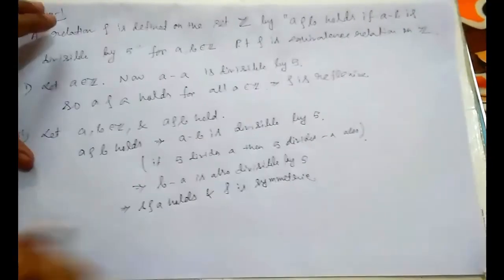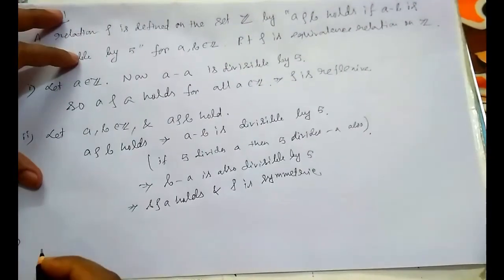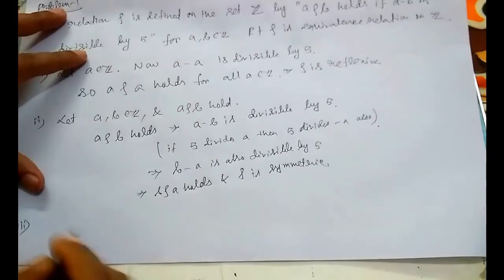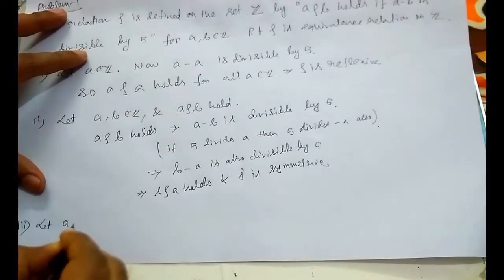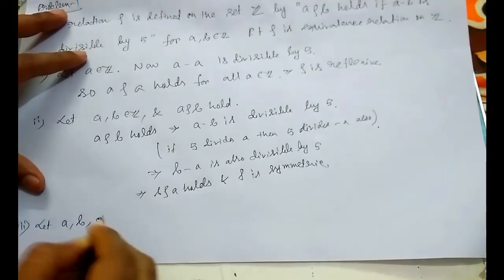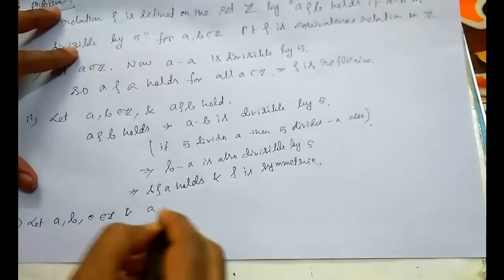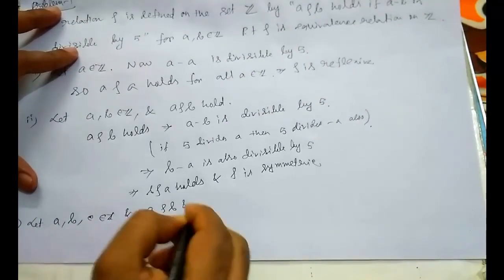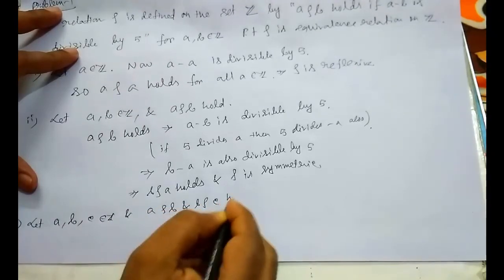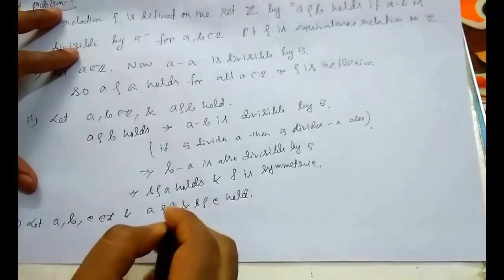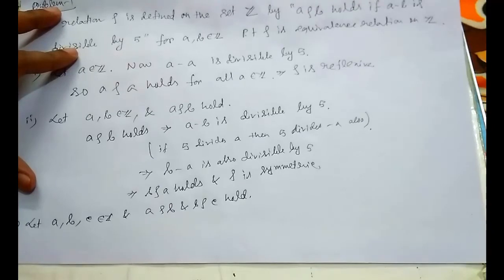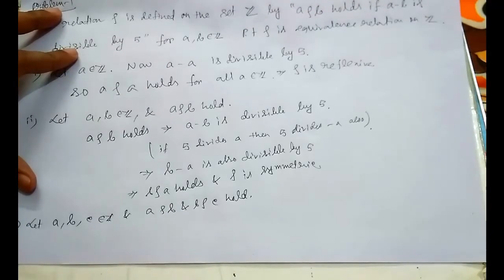Number 3. Now we have to check rho is transitive. Let a, b, c belong to Z, and here we assume that a rho b and b rho c hold. We have to now show that a rho c holds.